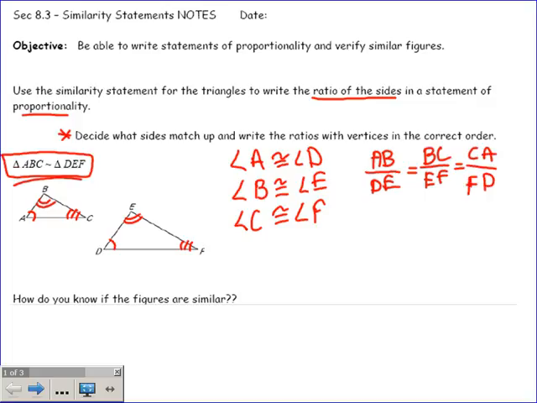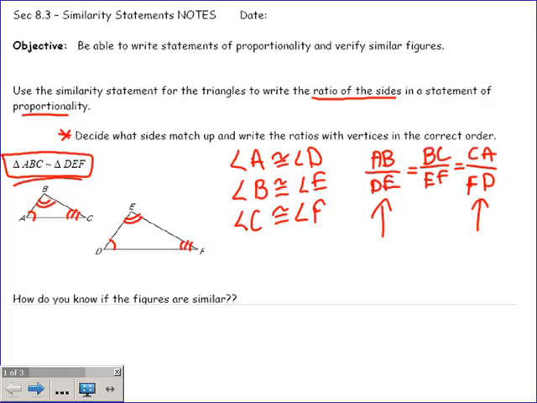So all I'm doing is looking at that statement and writing this out. These are the first two letters and the first two letters. BC and EF are the second two letters. And this last one, CA and FD, are the first and last letter and the first and last letter. Does that make sense?